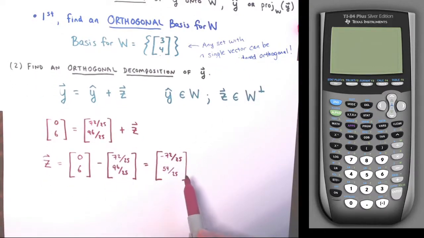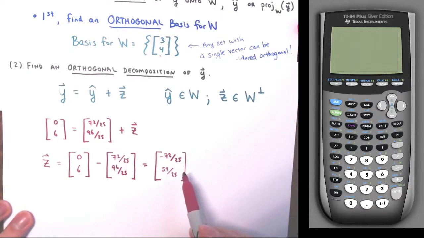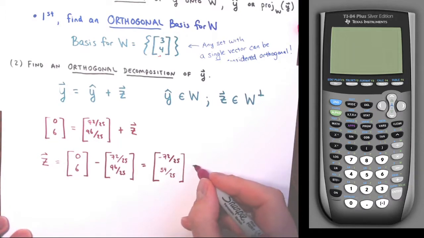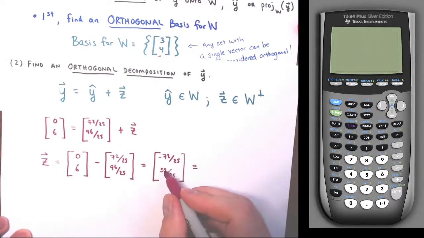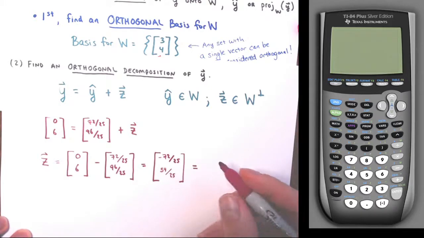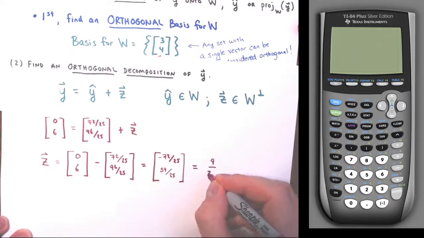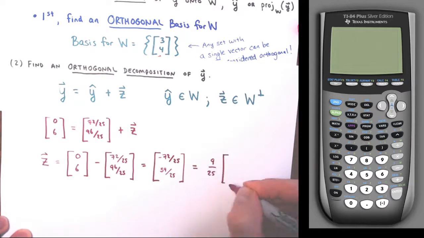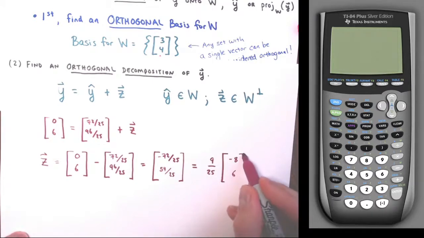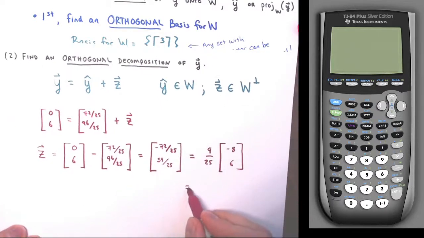I guess also we could simplify this a bit. Both of these have 1/25 in common. In fact, they both have 9/25 in common. So if I pull out the scalar 9/25, then I'd have the vector 9 times negative 8 for the first component, 6 for the second, and these have 2 in common, so I'll pull out 2. This would be 18/25 times the vector negative 4, 3.